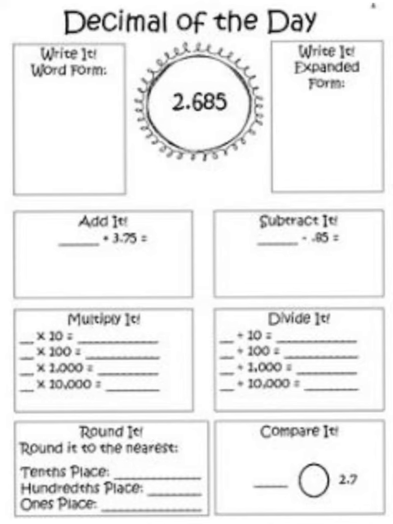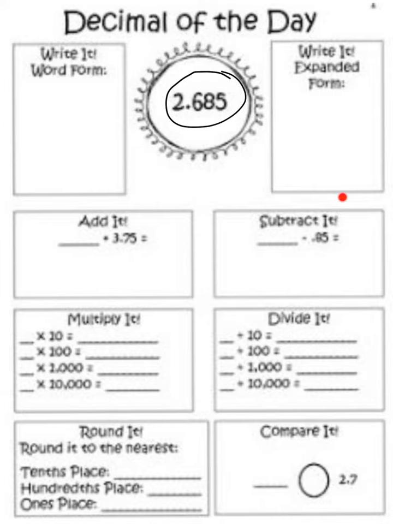And then for your password, we're going to revisit our decimals. So we've got a decimal of the day. Our decimal is going to be 2 685 thousandths. And we're going to first write it in word form. Then we're going to write it in expanded form. Then you're just going to keep following. You're going to add it.